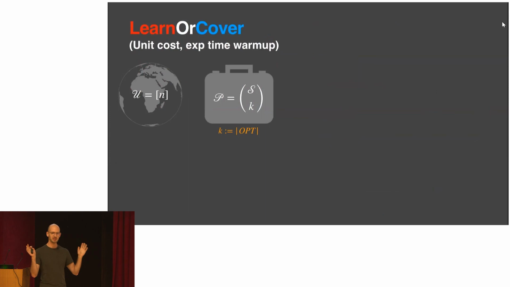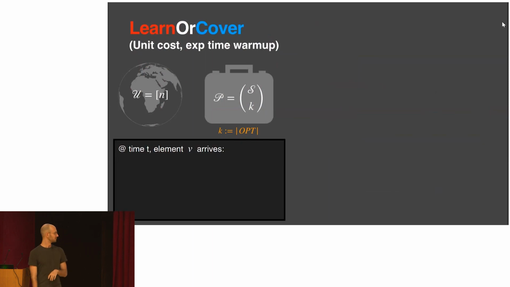Using standard online algorithm tricks, I'm assuming I know the value of opt, K, at the beginning, and I'm thinking of P as everything that could be opt. Initially, I have no information. Every subcollection of size K could be the optimal solution. So that's my portfolio.